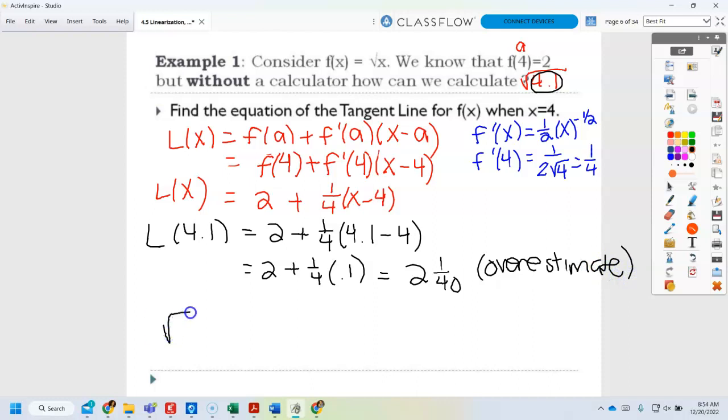Let's see what the actual value is. So you take a calculator, type in the square root of 4.1. Okay, you get 2.0248.